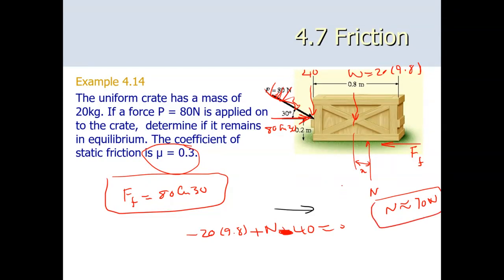All right. And then how do I find x? To find x, let me take moment of rotation with respect to this point.